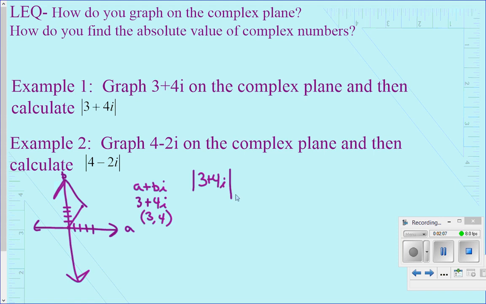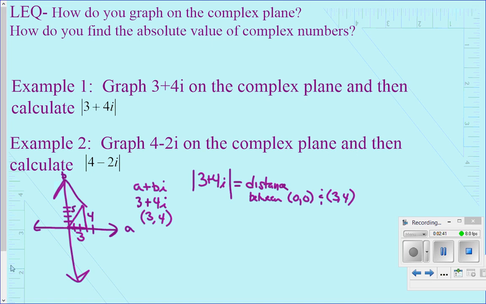So this means the distance between (0, 0) and (3, 4), which remember is representing 3 plus 4i on the complex plane. You learned how to do that in geometry. The horizontal distance is 3 and the vertical distance is 4. So we have a right triangle, which you probably remember as your special right triangle 3, 4, 5. So we know that that distance is 5.